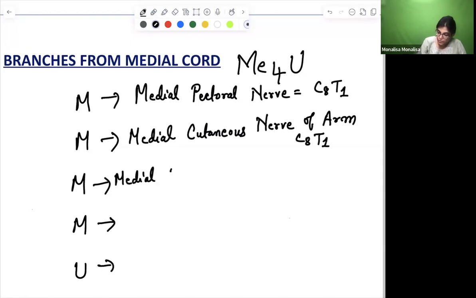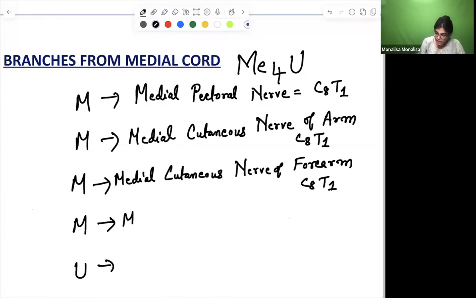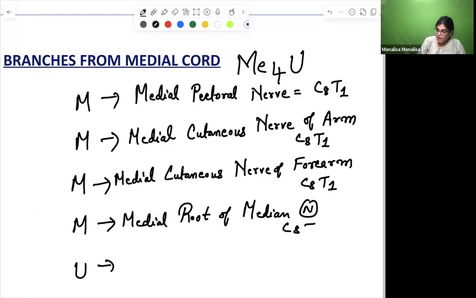Medial cutaneous nerve of forearm: C8 and T1. Medial root of median nerve: again C8 and T1.